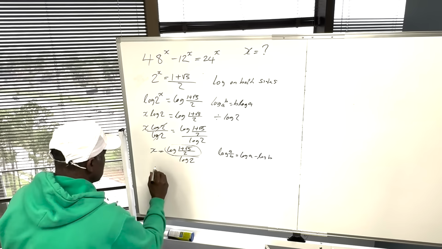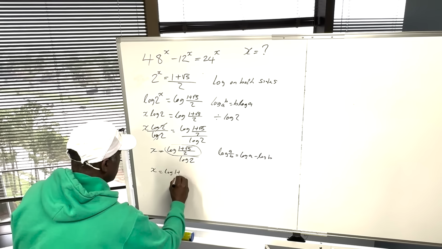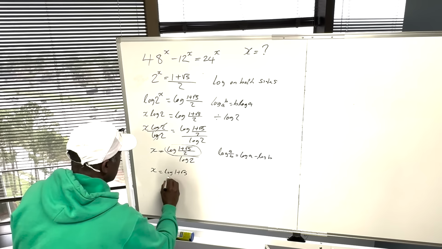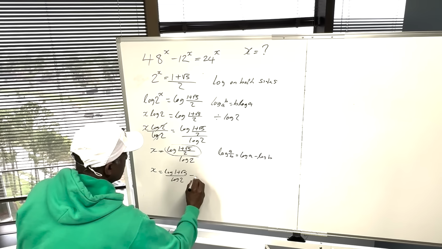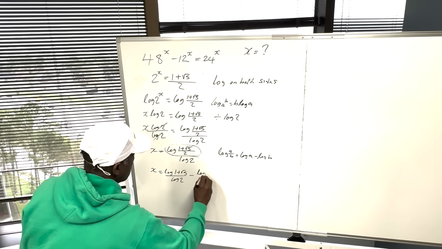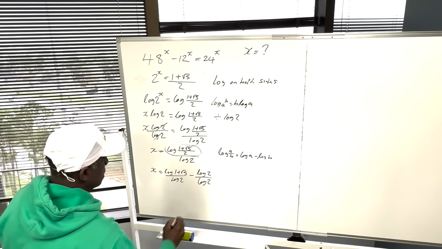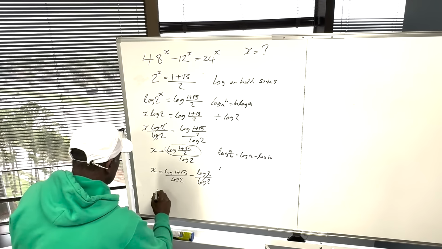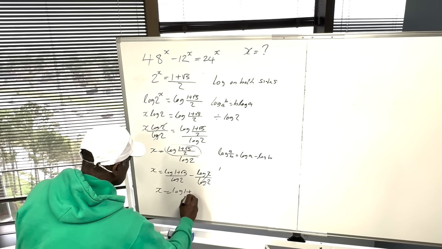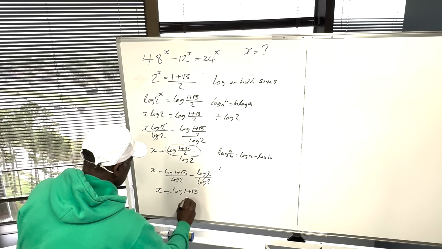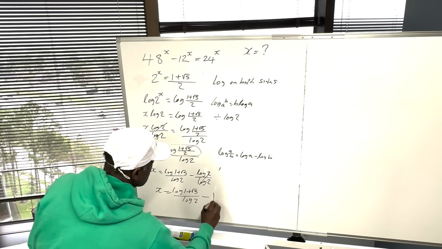We expand this to x is equal to log 1 plus square root of 5 over log 2 minus log 2 over log 2. That becomes 1, and now x is equal to log 1 plus square root of 5 over log of 2 minus 1.